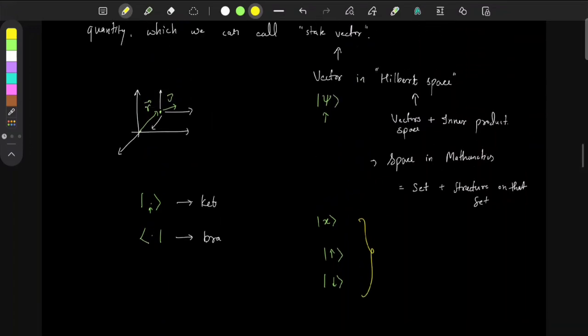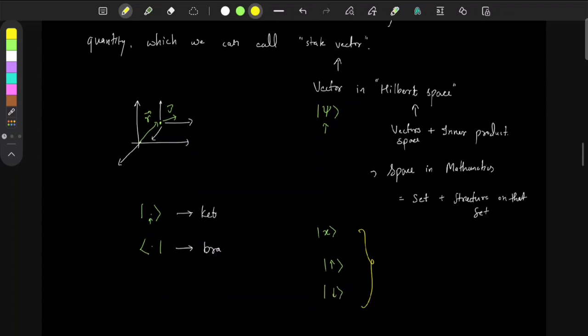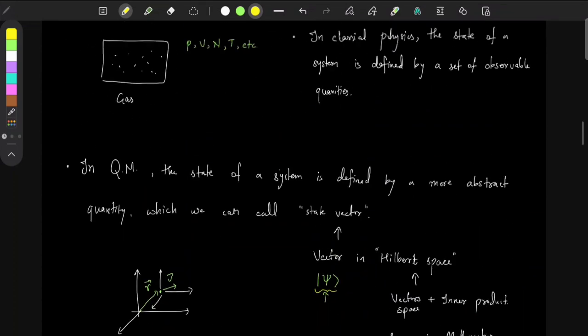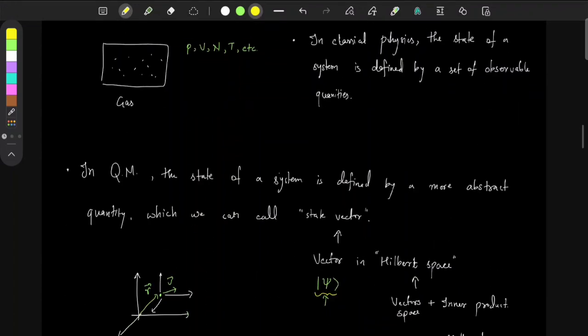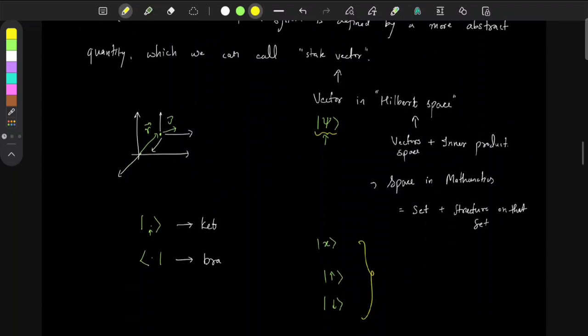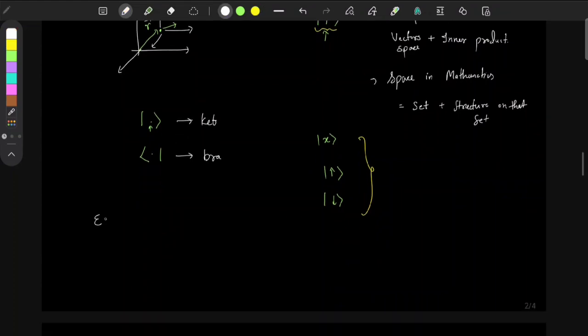So the idea in quantum mechanics, if I summarize, is that the state of a system is some abstract vector in some Hilbert space, and the observables which we talked about earlier, which we use to define the state of the system in classical physics, are not used to define the state in quantum mechanics, but you can extract the observables.